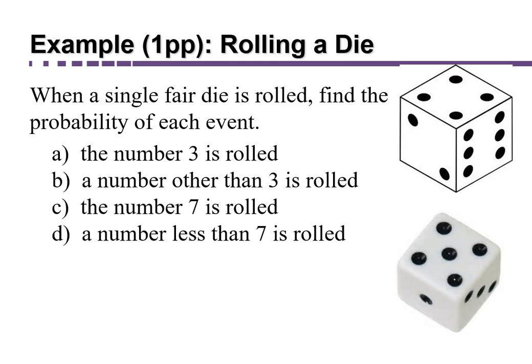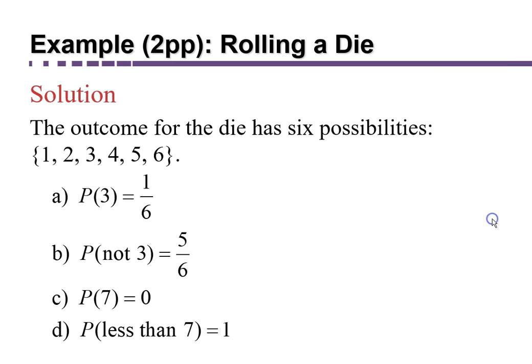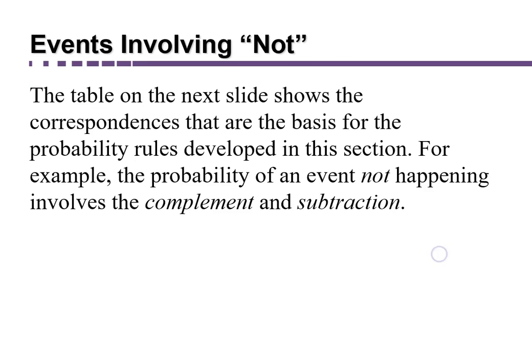And looking at what the book offers here, these are our calculations. And again, you want the examples and the answers and an understanding of what's going on here. Events involving not. Now, the table on the next slide shows the correspondences that are the basis for the probability rules developed in this section.